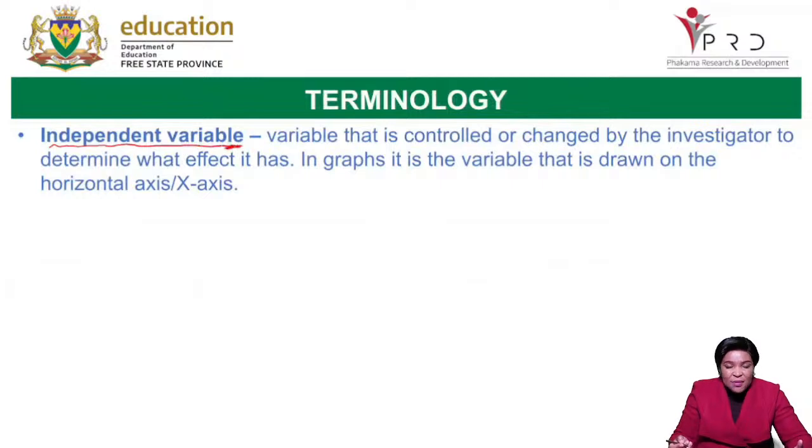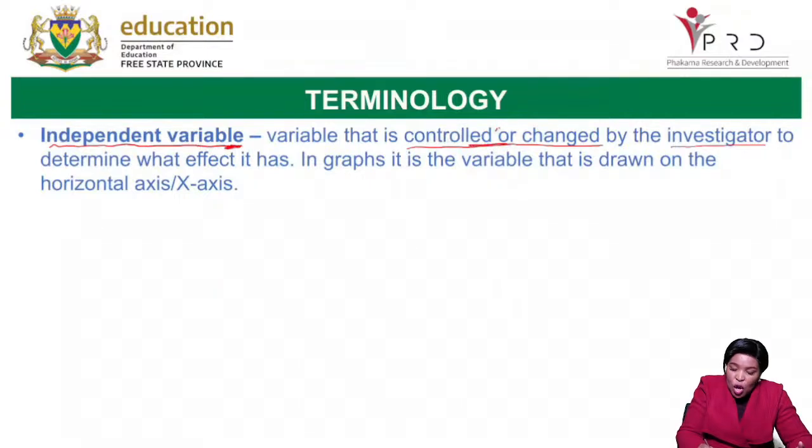So what are these variables? The independent variables are the variables that are controlled or changed by the investigator, meaning you as the investigator, you have control over these variables. It's either you can limit or you can make it more. So it is up to you to change it. So you have full control on these variables.